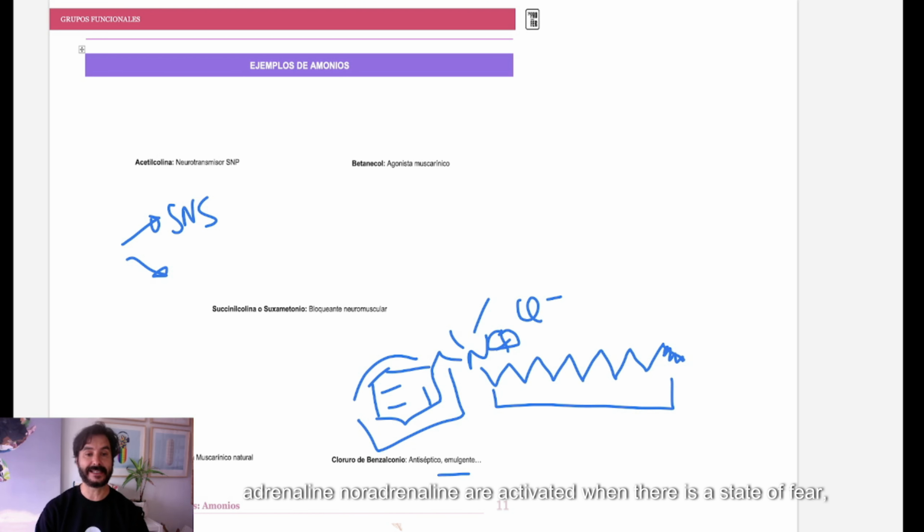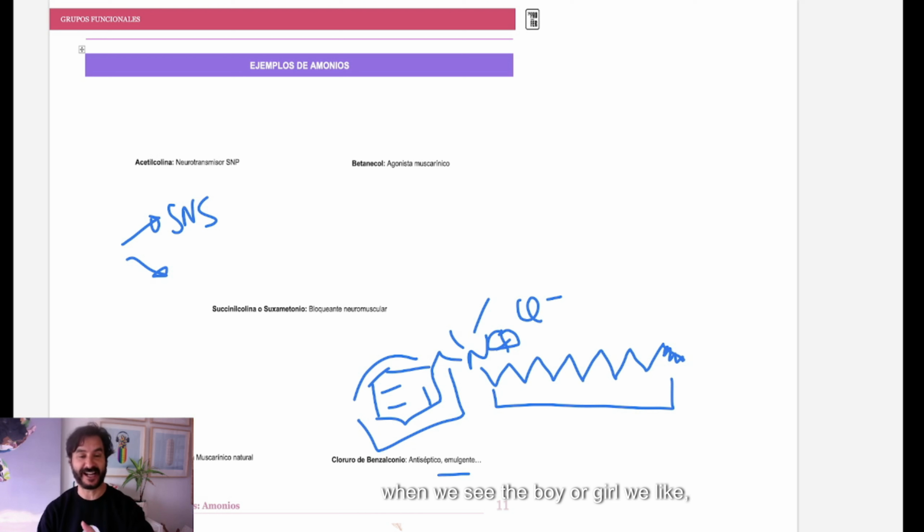Adrenaline and noradrenaline are activated in a state of fear or danger, when we see the boy or girl we like, or when we have to speak in public. The sympathetic system is very activated, the heart is faster, the bronchi dilate, because obviously if we see the boy or girl we like, we will run, or if they stab us, to avoid bleeding.